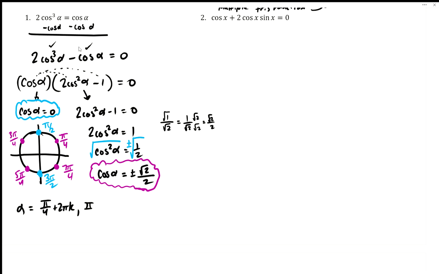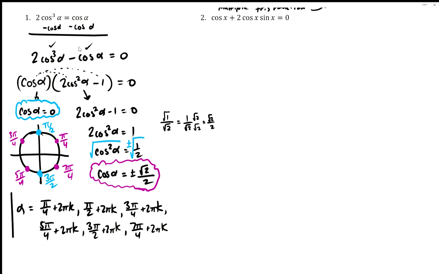Pi halves plus 2 pi k, 3 pi quarters plus 2 pi k, 5 pi quarters plus 2 pi k, 3 pi halves plus 2 pi k, and then 7 pi quarters plus 2 pi k. There they all are. Okay, so we've got all of our angles for this problem.